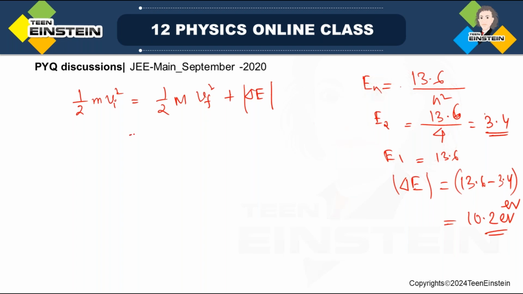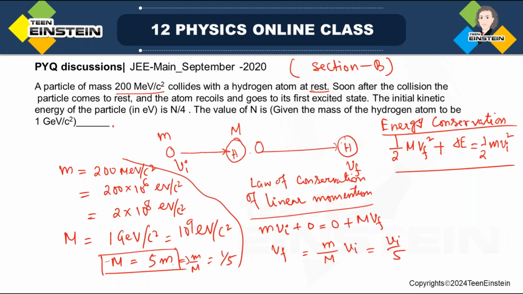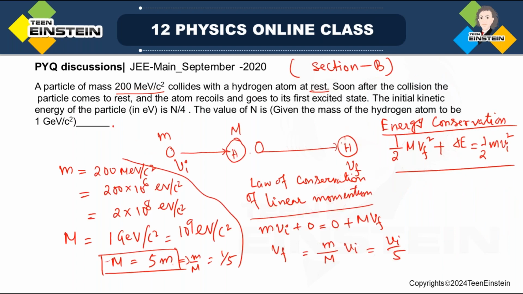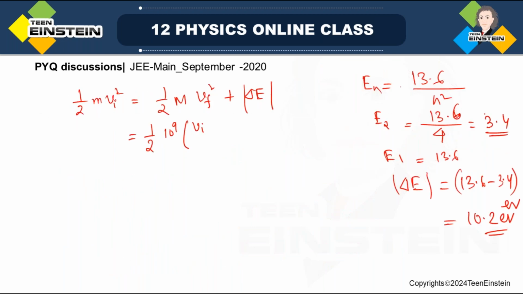All right, so now I'll put this value. Mass is given, 10 to the power 9, and this is v by c square, and this velocity in terms of vi by 5, whole square, plus delta E. This I can directly write 10.2 ev.